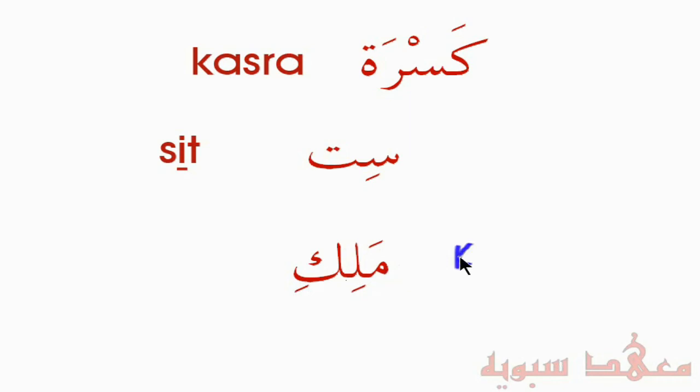Let me just write this. A king. So let's practice all these together: the fatha, the dhamma, and the kasra. We have a word, let's try to pronounce it. Here we have the kaf with a dhamma, so that would be ku.